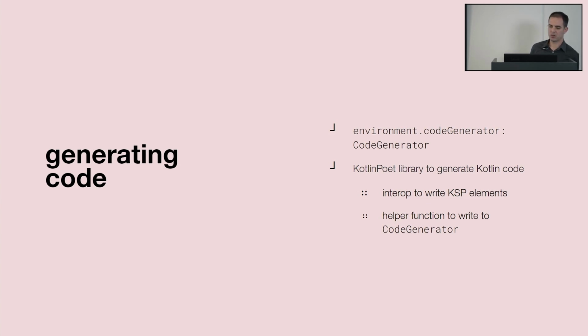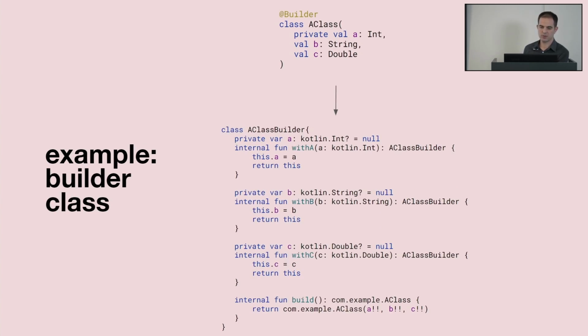KotlinPoet by Square is a code generation library, and it can generate code dynamically. Also, it has great interop with KSP and a helper function to write out the generated code to this CodeGenerator KSP interface. Again, we have this very simple example to create a builder class from the original annotated class. I will just repeat it, if you remember.